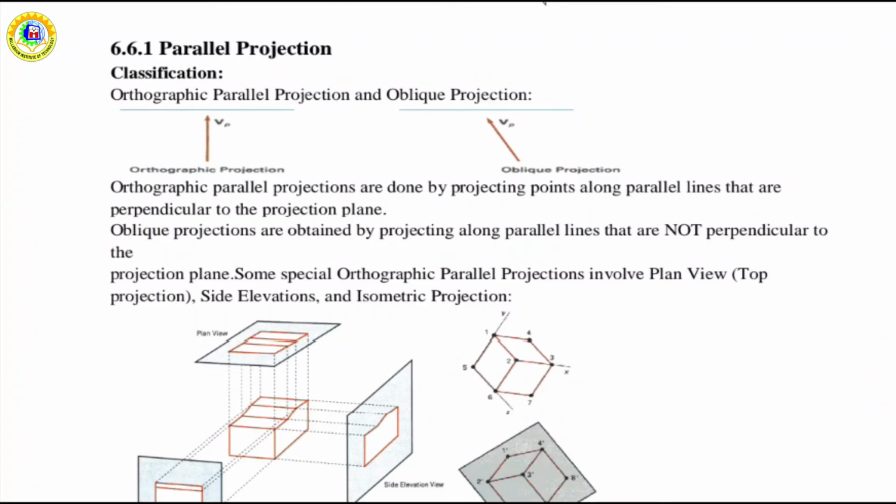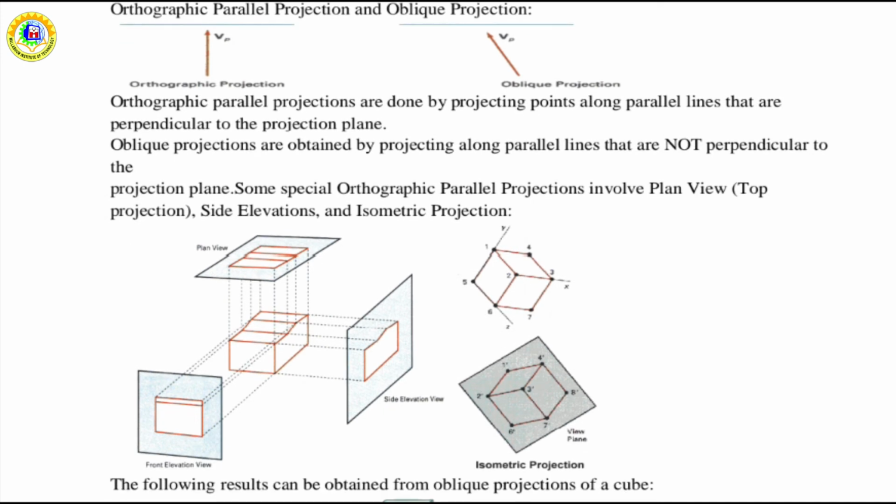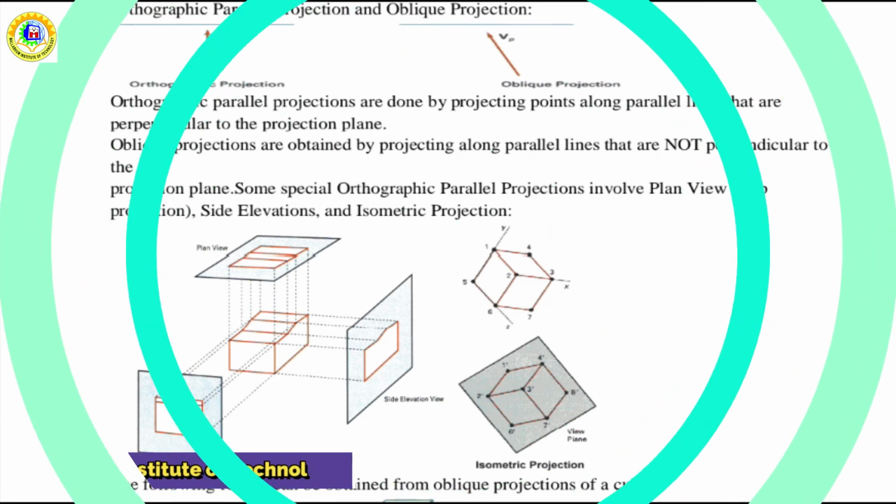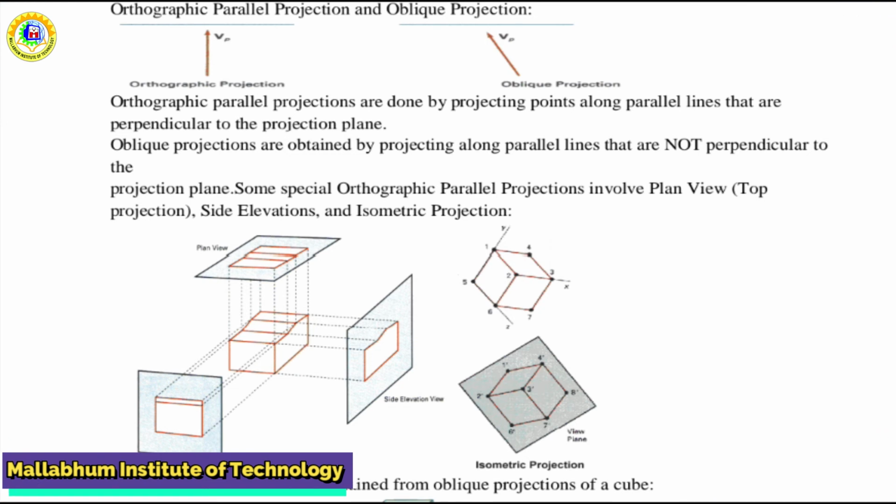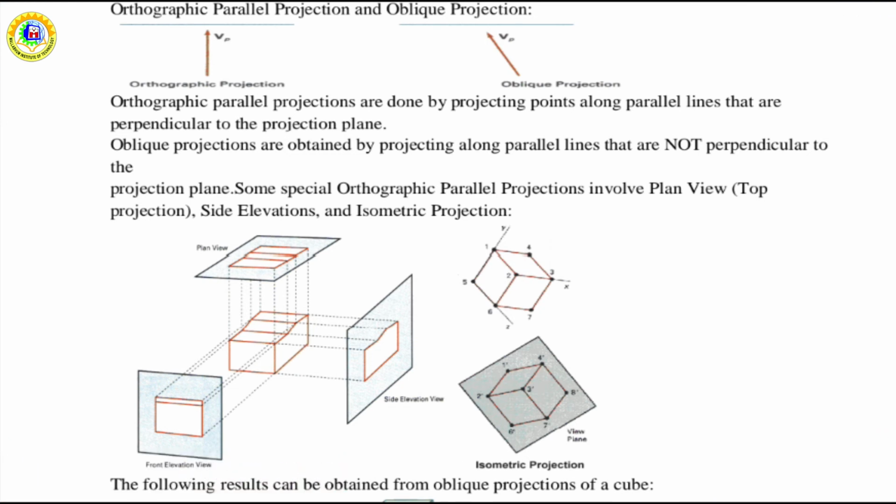Now, orthographic projections are most often used to produce the front, side and top views of an object, as we are seeing in this figure. Front, side and rear orthographic projections of an object are called elevations, and a top orthographic projection is called a plan view.